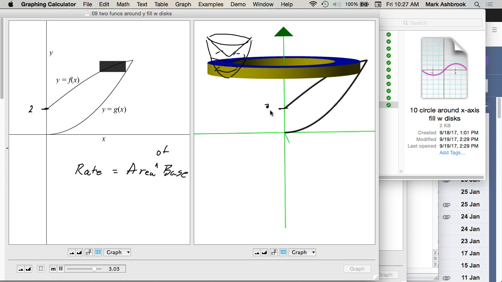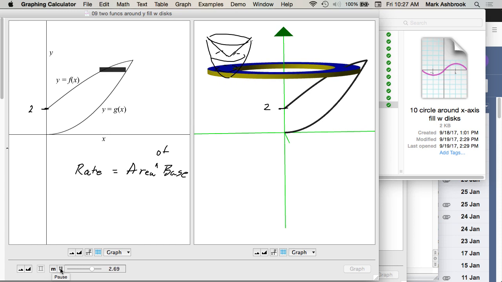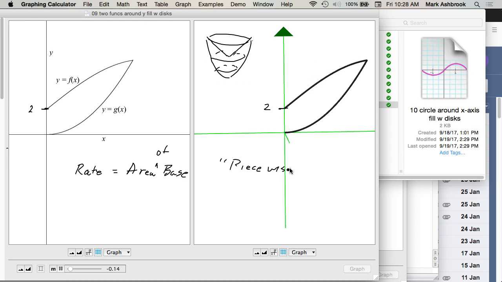When we get to 2, it changes. The function that's going to define the rate is going to change. Oh, now it's coming back down. So our rate function is going to be what we call a piecewise rate function. We have to define this rate function in pieces.